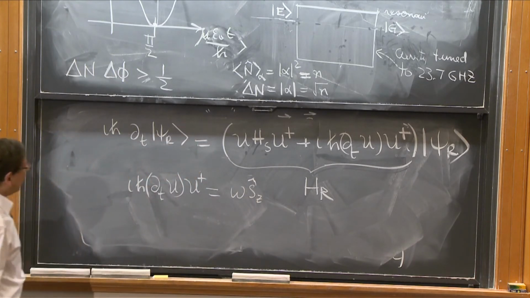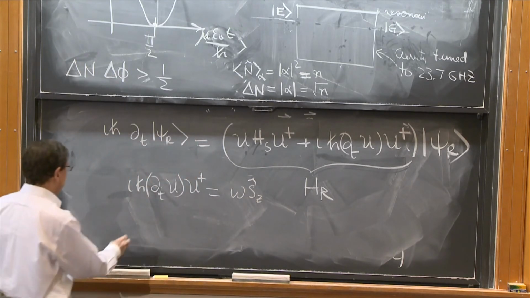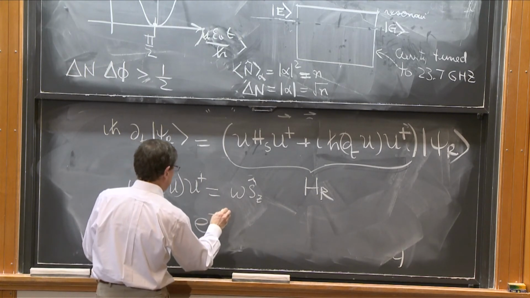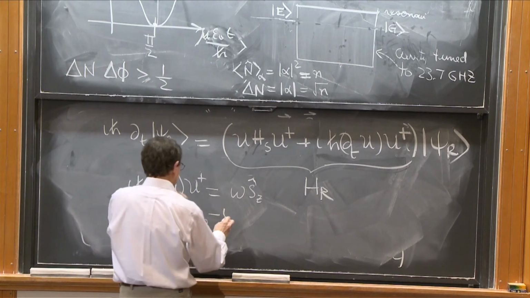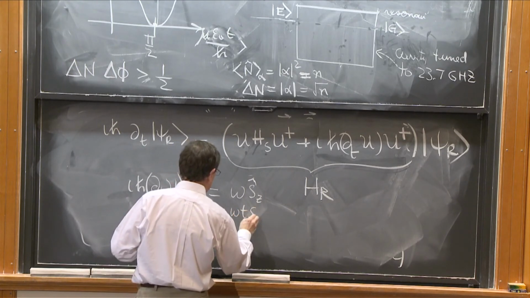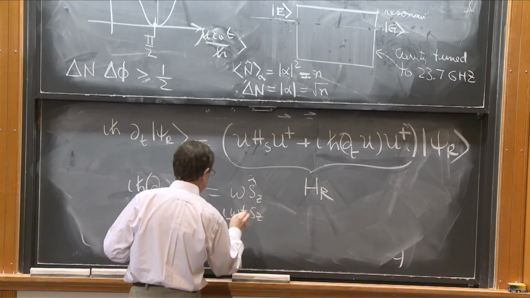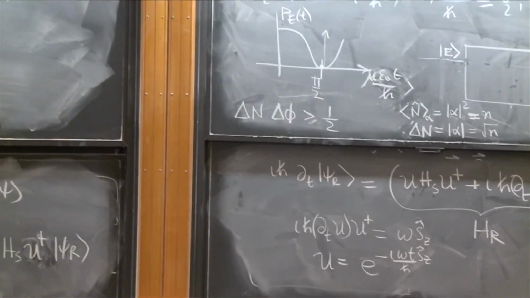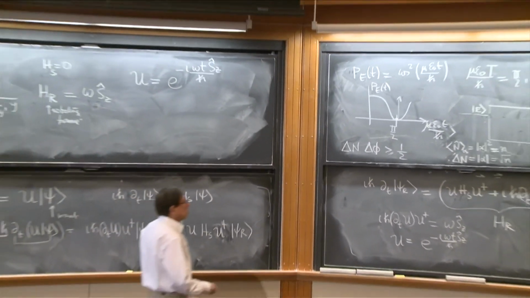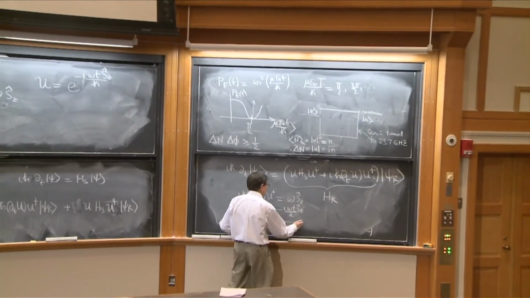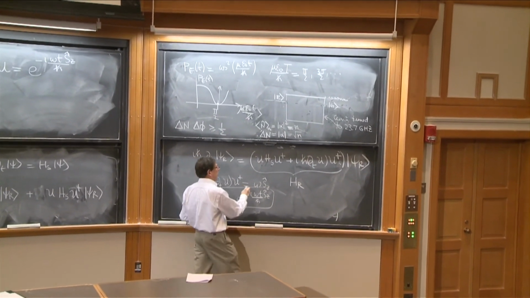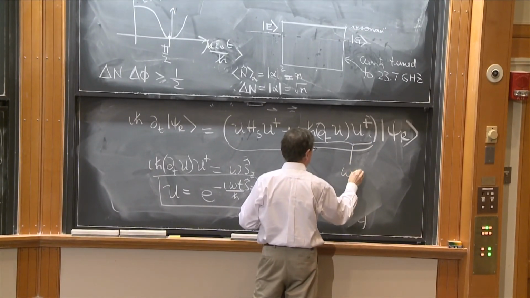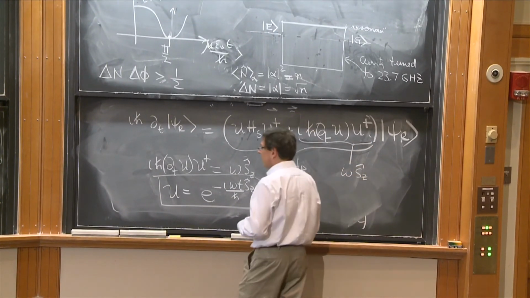And for that, the U is nothing else but e to the minus i omega t Sz over h bar, which is in fact that thing that we had there. So that's what U is, and in that way, this whole term becomes just omega Sz hat.